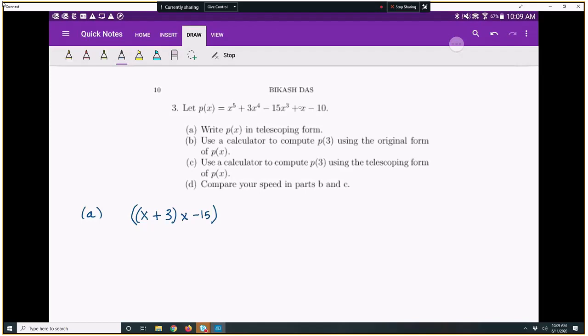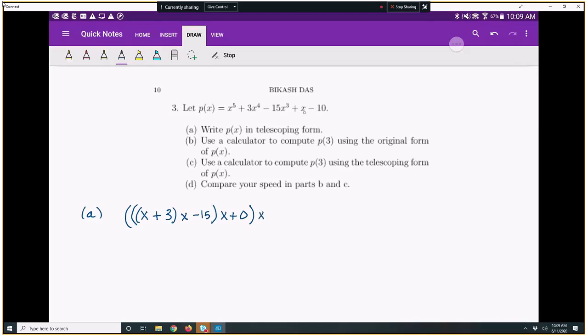And then I'll write x again, but I don't have a squared term. So essentially what I would write here is plus 0 because the coefficient of the squared term is 0. Then close my parenthesis.